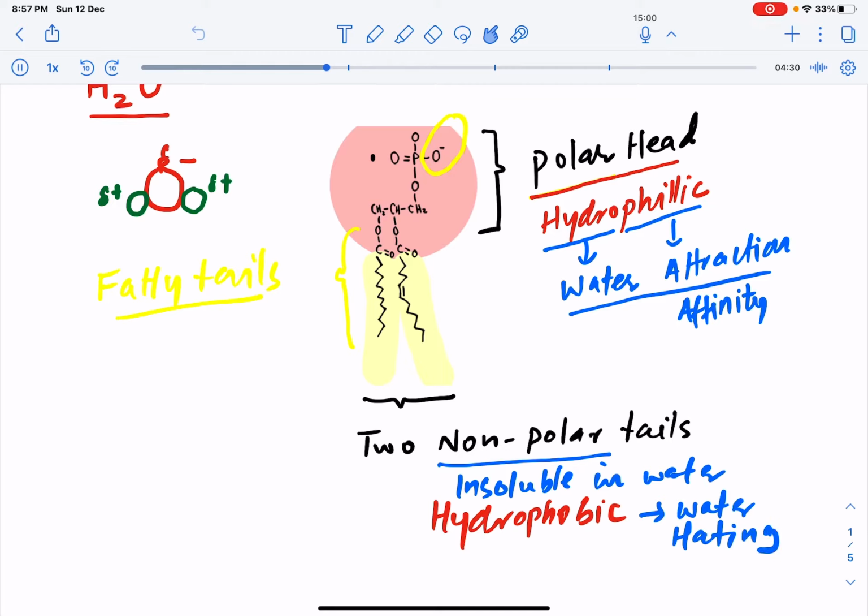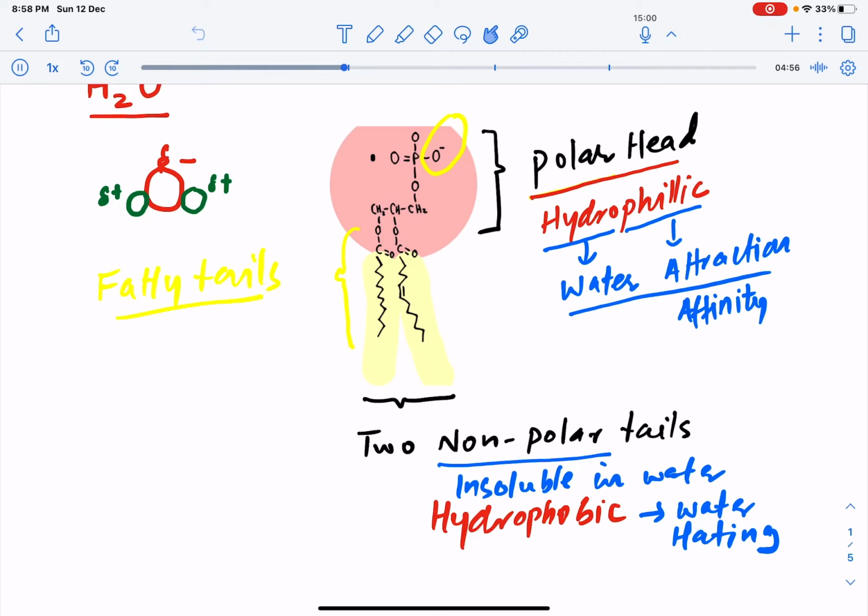Due to this nature of phospholipid molecules, they show a specific behavior with water. One part of the phospholipid molecule is soluble in water, and the other part is insoluble in water.